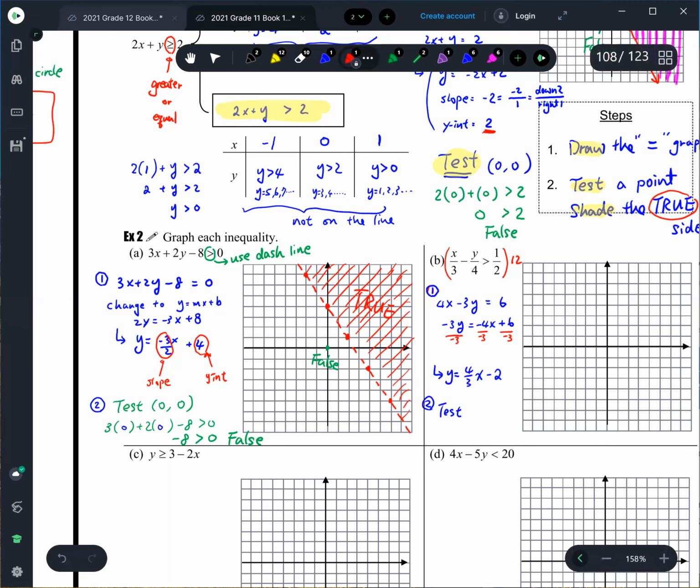Right, -2 is here. Slope 4/3. So up 4, right 3. Right? Up 4, right 3.